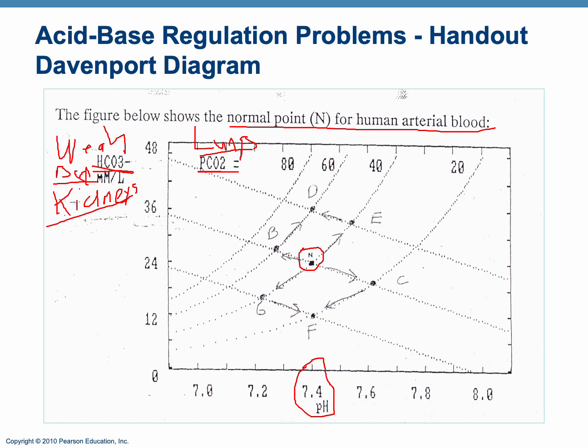So how do you read the measurement of the PCO2 levels? You're actually going to follow this diagonal line up here. You don't go directly up vertically when you read the amount of the PCO2. So the level here would be 40. That would be the amount of the carbon dioxide here. And you can see these are in increments of 20: 80, 60, 40, and this is supposed to be 20 over here.